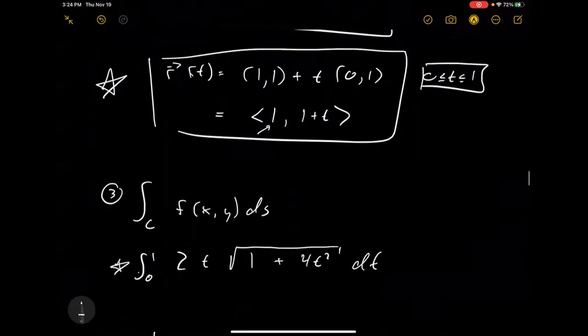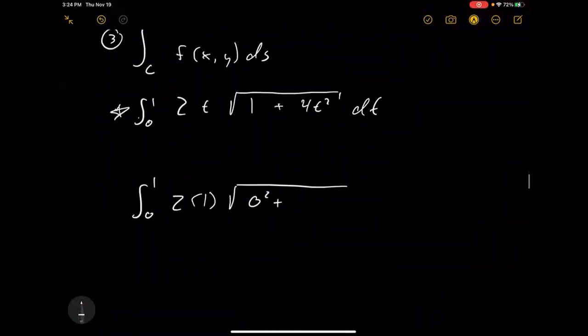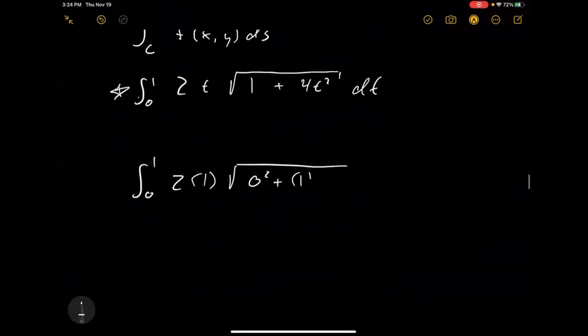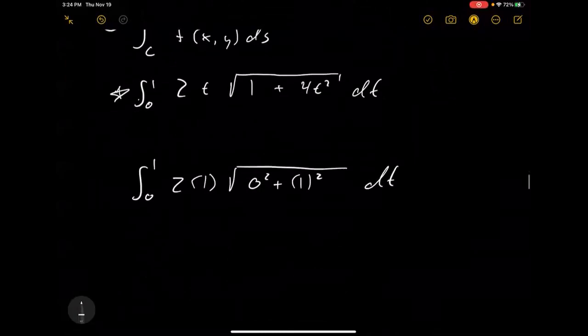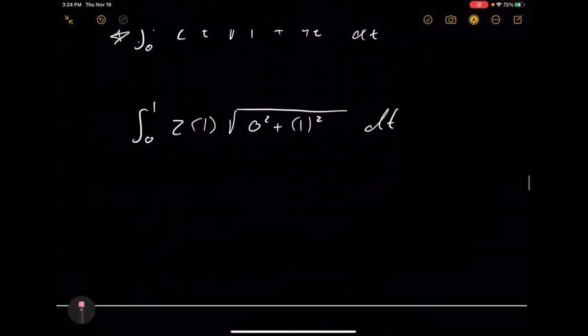What is my y of t? 1 plus t. So what's my dy/dt? 1, squared. So this is just the number 1, right? So I just have the integral 0 to 1 of the number 2 dt.